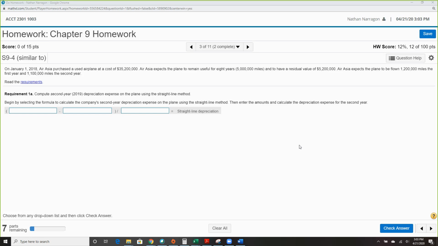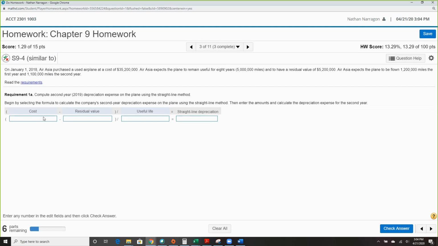Okay. So, begin by selecting the formula. So, formula for a straight line, again, cost minus salvage value or residual value. Again, be careful, they like to switch. Divided by useful life. Okay? Since it's using straight line.